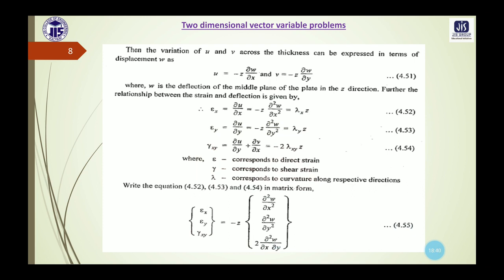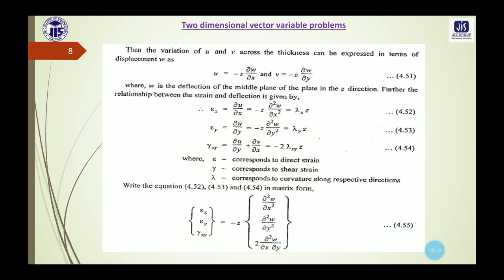Next, epsilon y equals del v del y, which equals minus z del 2 w del y2, which equals lambda y z. And gamma xy, which is the shear strain, equals del u del y plus del v del x, which equals minus 2 lambda xy z.